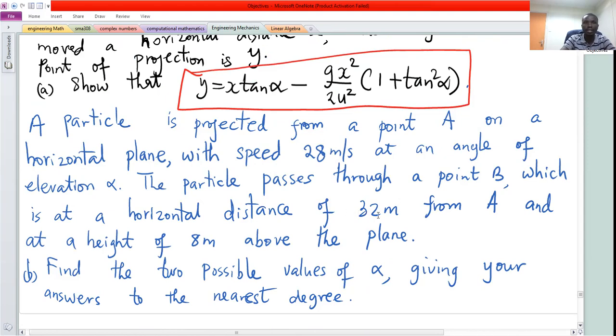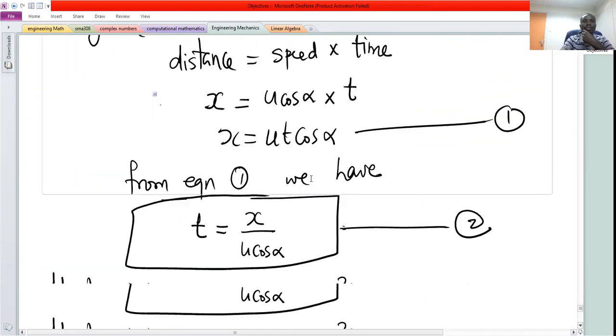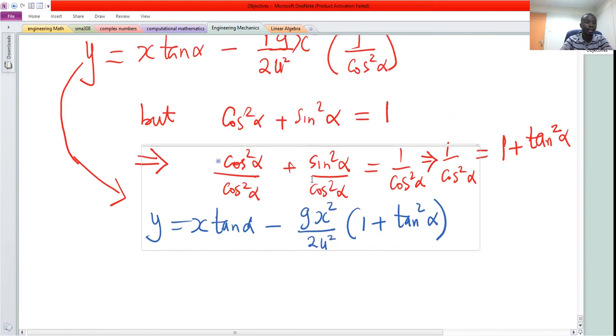So the x is 32 from a point A at a height of 8 meters above the plane. So the height, which is our y, is 8. So to find the values of alpha, we simply replace u for 28, x for 32, and y for 8 in this equation, and then solve the resulting equation in terms of alpha.